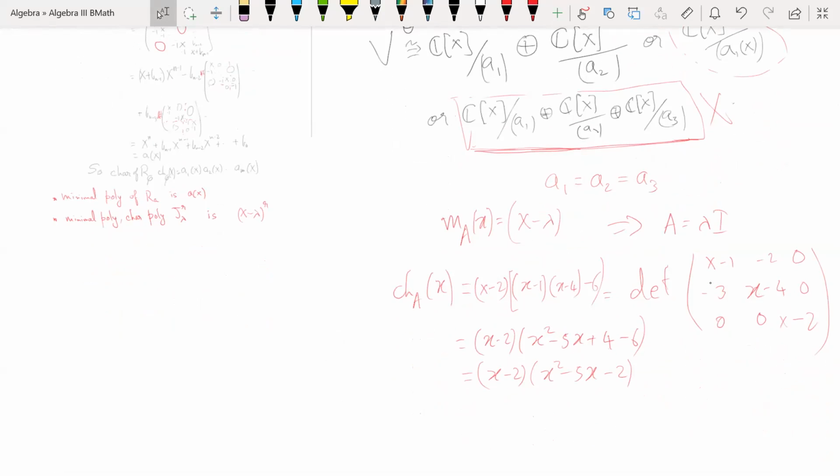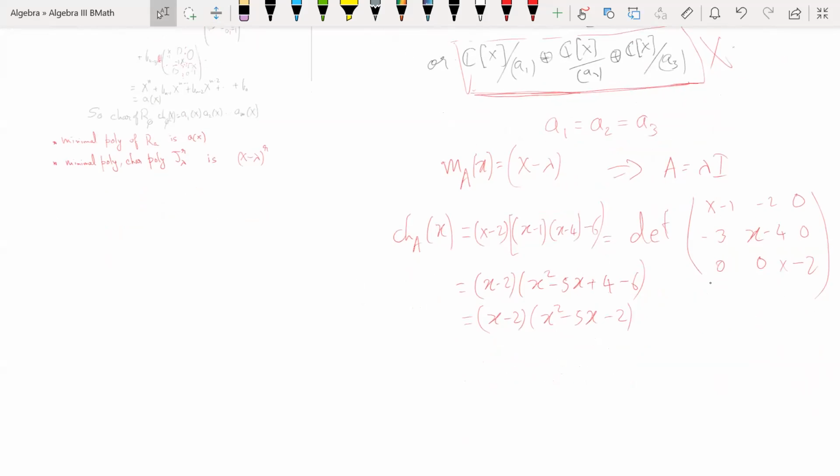I don't think this can be factored over the integers, so let's look at the roots: 5 plus or minus the square root of b squared minus 4ac, which is 25 plus 8, 33, over 2. So we see that we get three different roots.